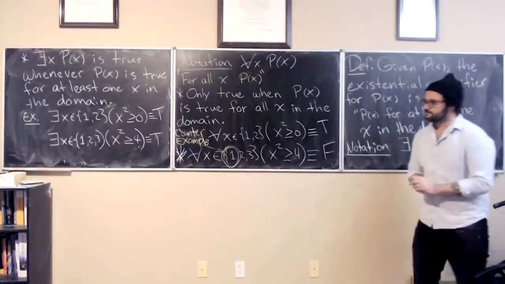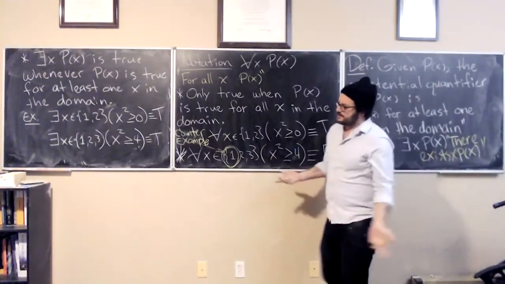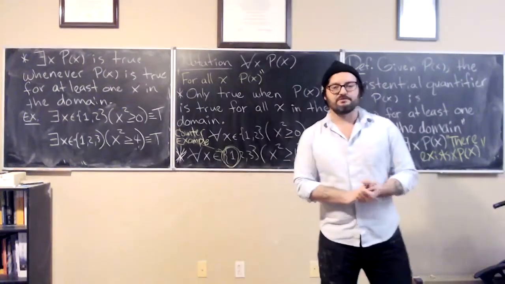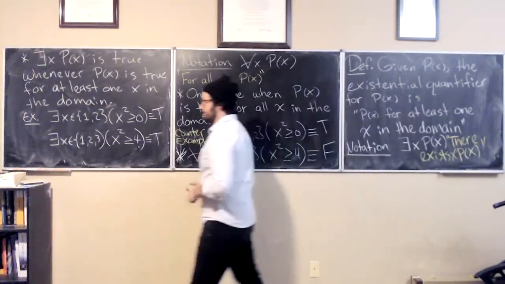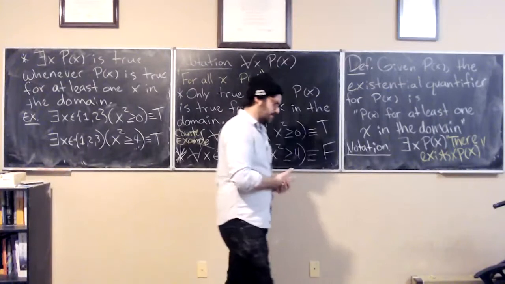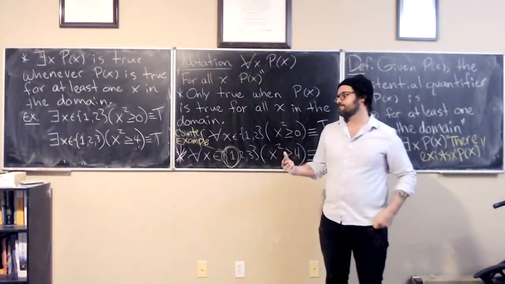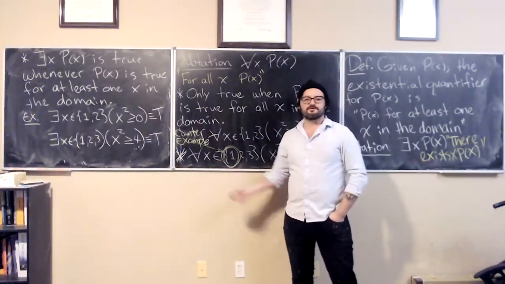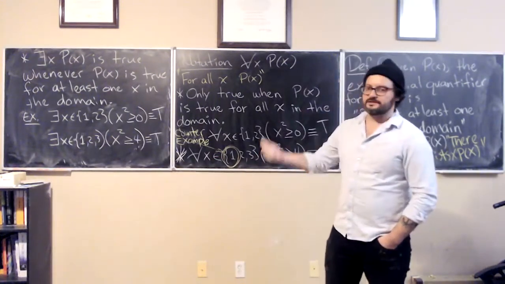So, what we're observing is that just because the universal quantifier happens to be false doesn't mean that the existential quantifier is false. But going back to what I was hinting at earlier, there seems to be a relationship between testing if a universal quantifier is false and the existential, right?